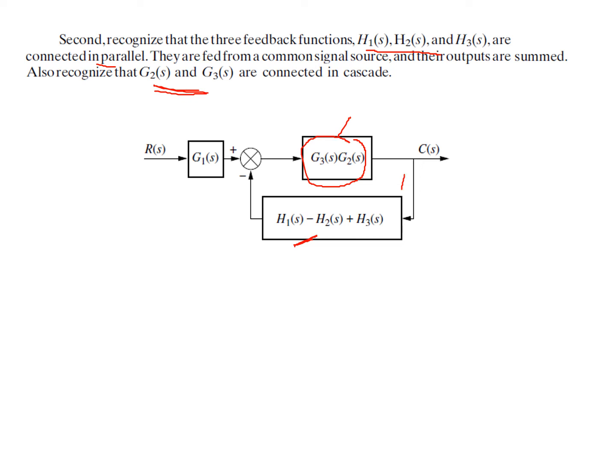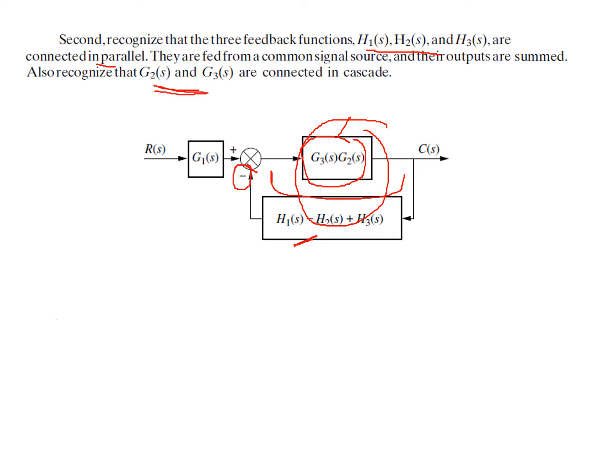Now this is the inner feedback loop, which has negative feedback. Now we can replace this using the elimination of feedback loop, or feedback rule.